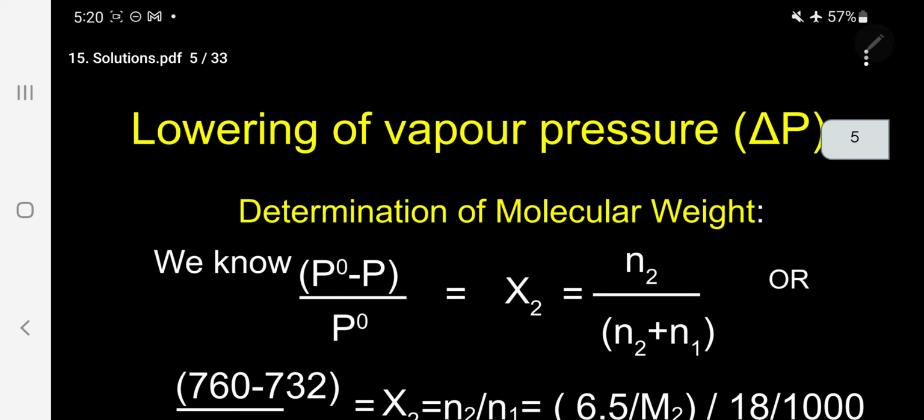In this case, lowering of vapor pressure, we know according to Raoult's law, relative lowering of vapor pressure, that is P naught minus P by P naught, is equal to the mole fraction of solute, X2. What is X2?